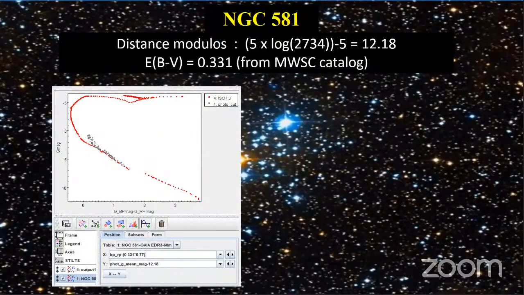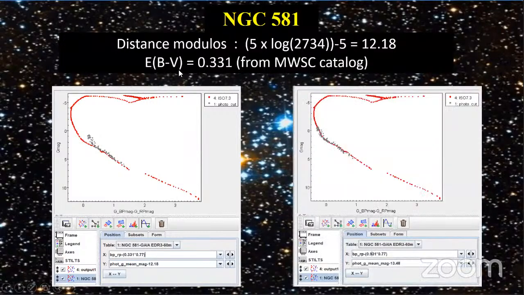So I downloaded the isochrone file for log age 7.3 and tried to fit the data with this isochrone. I also found the distance modulus and the reddening, E(B-V), from the MWSC catalog.